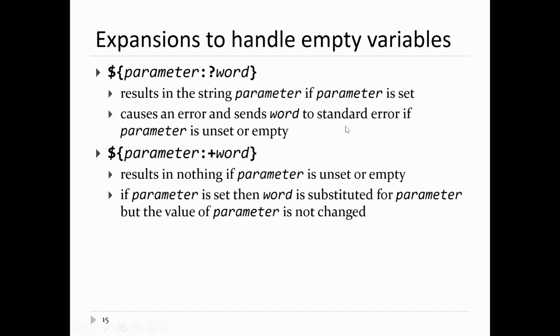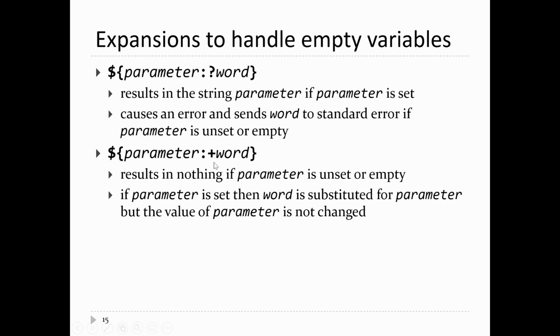If you use this in a shell script, so if you call a shell script and you're using this, then it gets sent to standard error. If you're actually trying to use this on the command line by typing something in, then the error actually goes to standard output, which is very strange. So you end up with some error message. This is basically a way of indicating that there's an error: something is empty or not set, and I can't do anything about it.